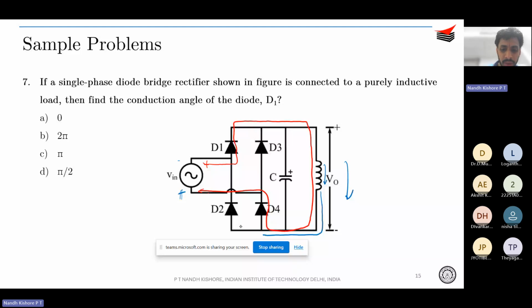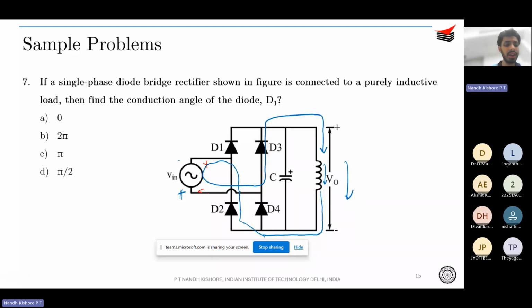It will go only through D2, and then through D3 and back.